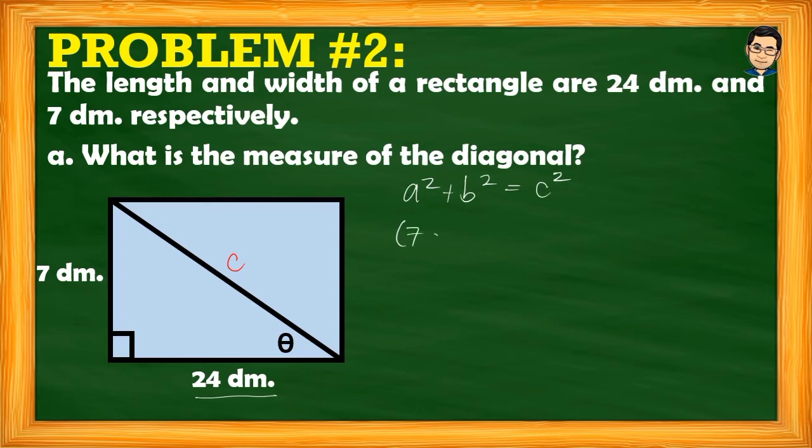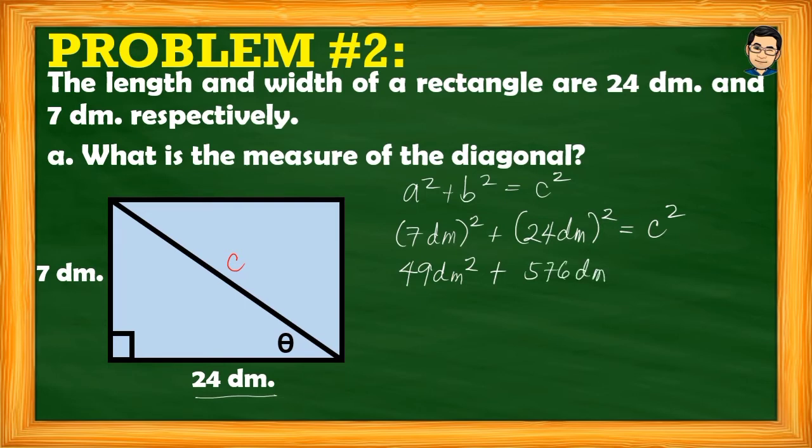So that is 7 decimeters squared plus the square of 24 decimeters. 7 decimeters times 7 decimeters is 49 square decimeters, plus the square of 24 decimeters, which is 576 square decimeters.